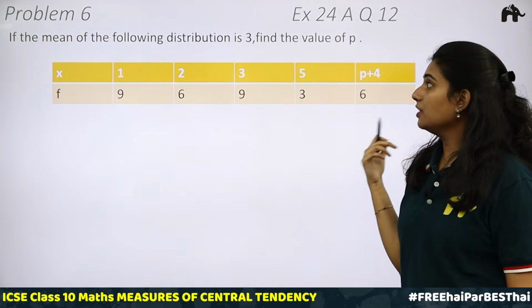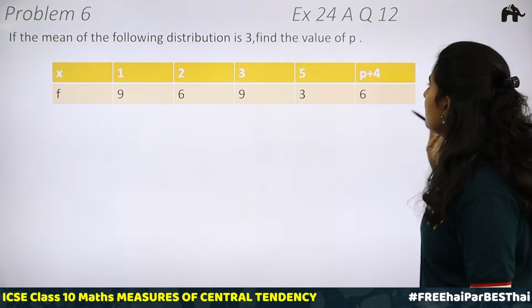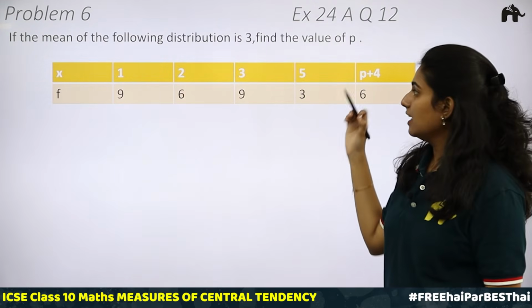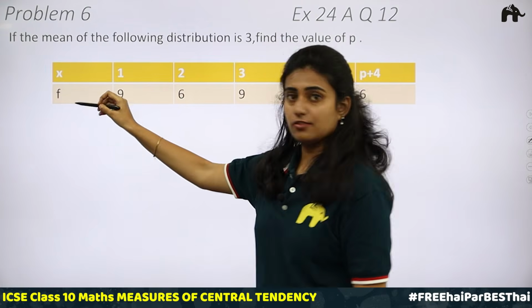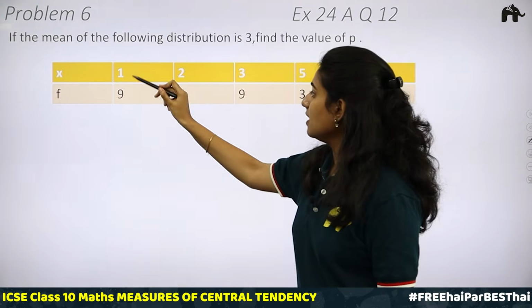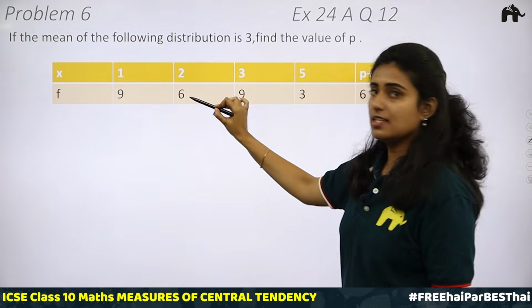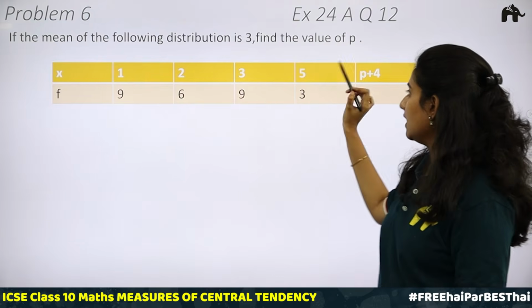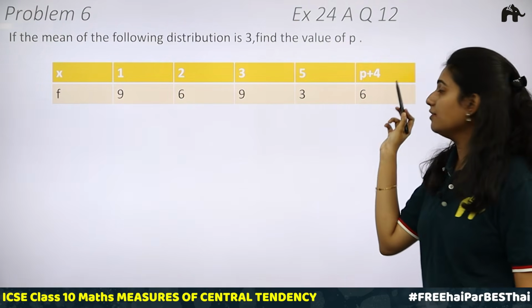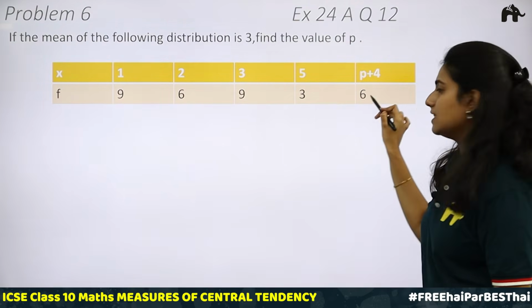Problem number 6, question 12 of exercise 24A. If the mean of the following distribution is 3, find the value of P. Mean is given. Here we have x and f given. For 1, it is 9. For 2, 6. For 3, 9. For 5, 3. And for P plus 4, it is 6.